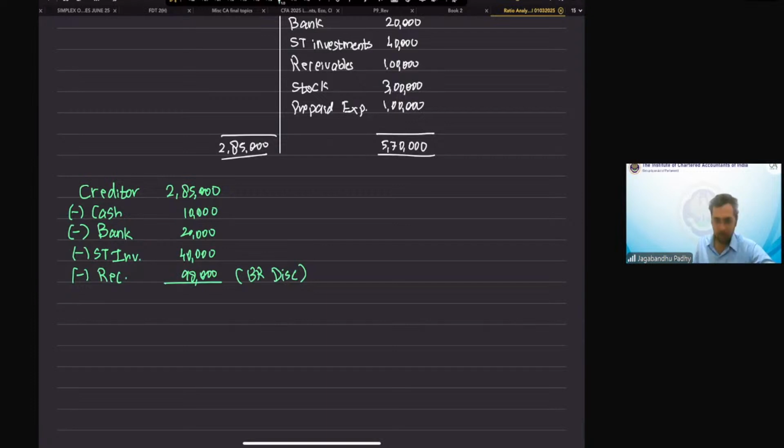So the total that we have after all this payment is how much? 10,000 minus 20,000 minus 40,000 minus 98,000. We still have 1,17,000 to pay. Now, how should I pay this balance?